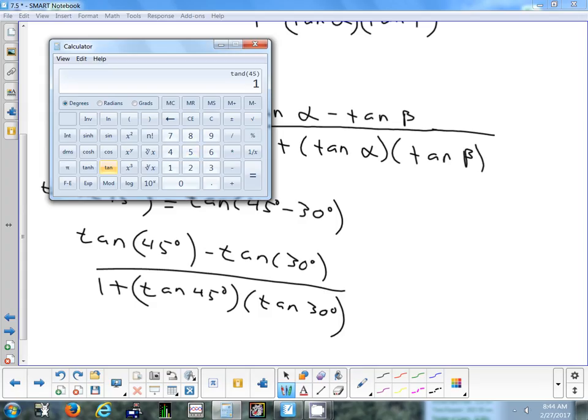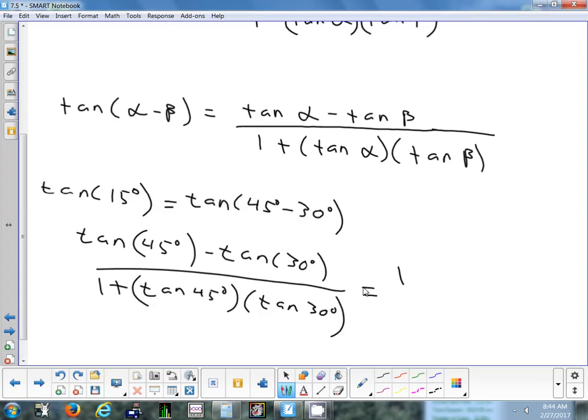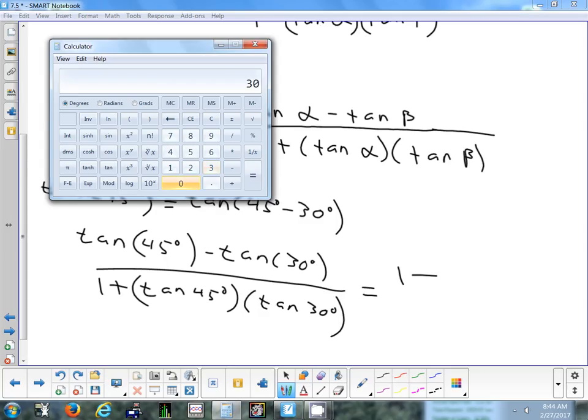Well, that's easy. The tangent of 45 is 1. Okay, tangent of 30. What is 0.577? It's not a number that comes up with sine and cosine. It only comes up with tangents. It involves roots.